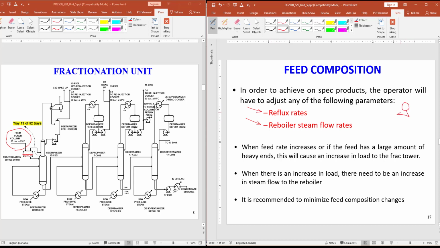Reflux is at the top of the column, and also the amount of steam that is sent to the reboiler here. So he can play with these two parameters, the amount of reflux.